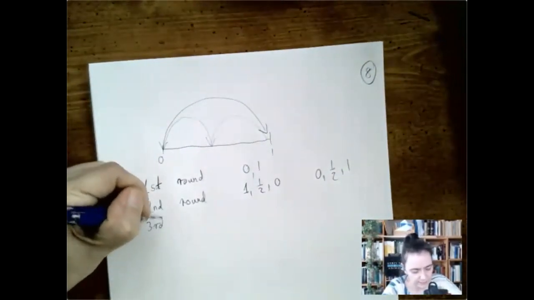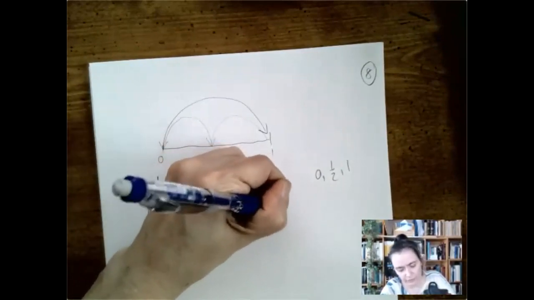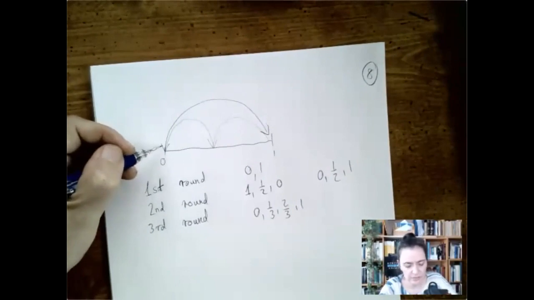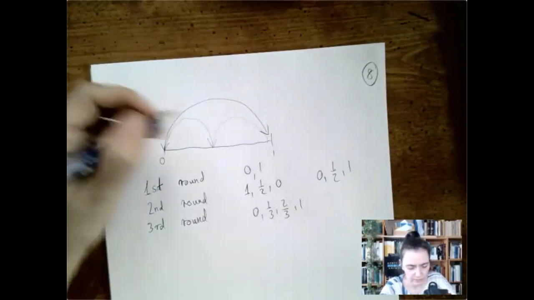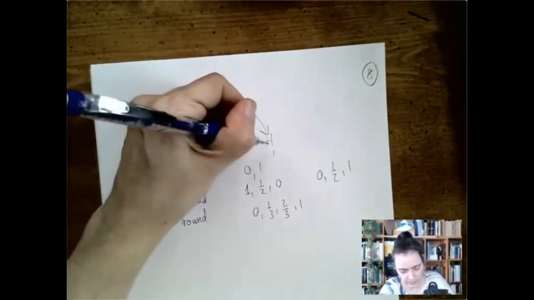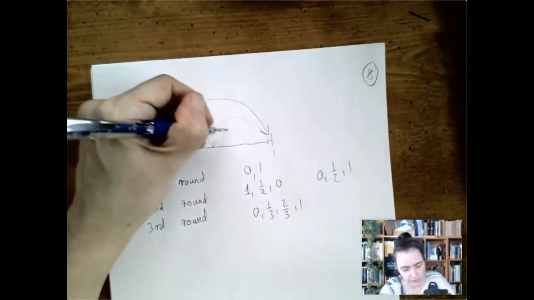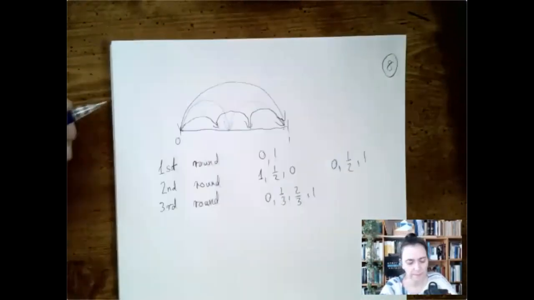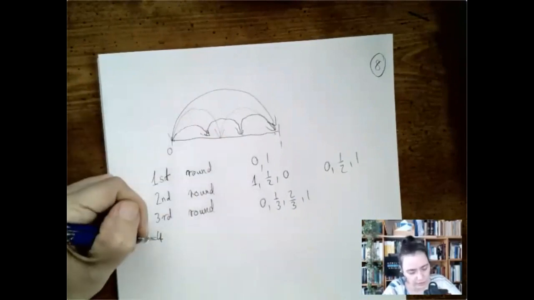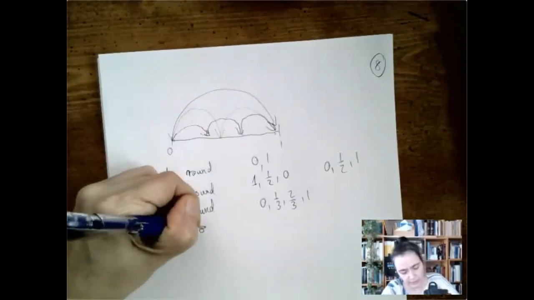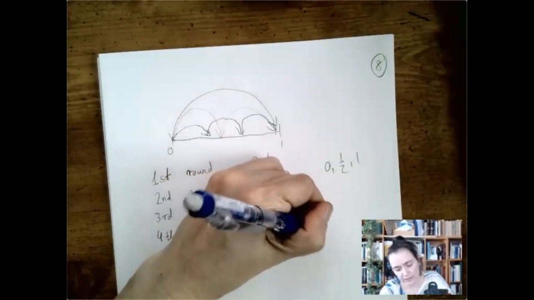The third round is going to be 0, 1/3, 2/3, 1, right? Because it's going to use 3 steps. Because it makes 3 equal jumps to go to the other number. Fourth round, it's going to land on 0, 1/4, 2/4, 3/4, and then 1.